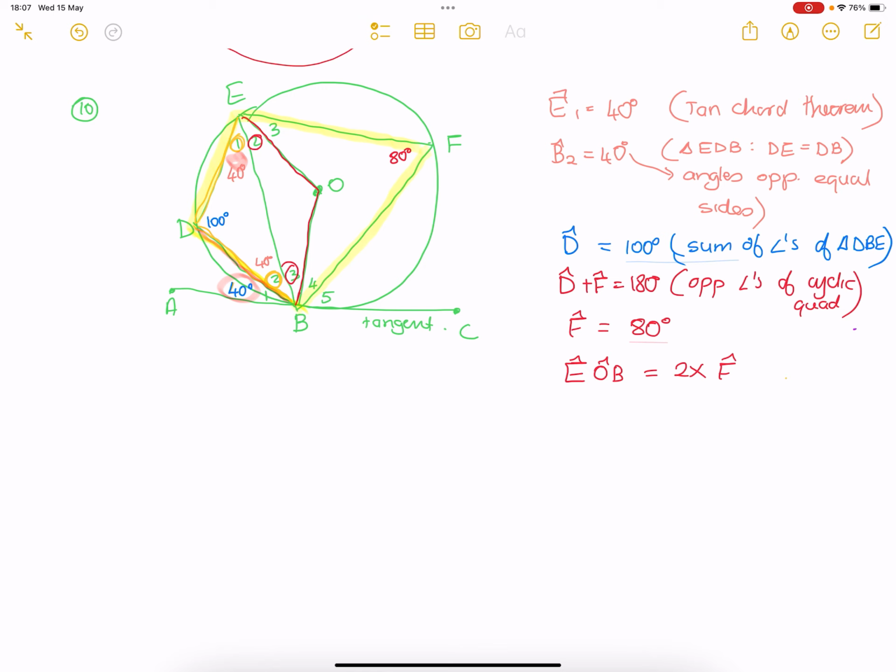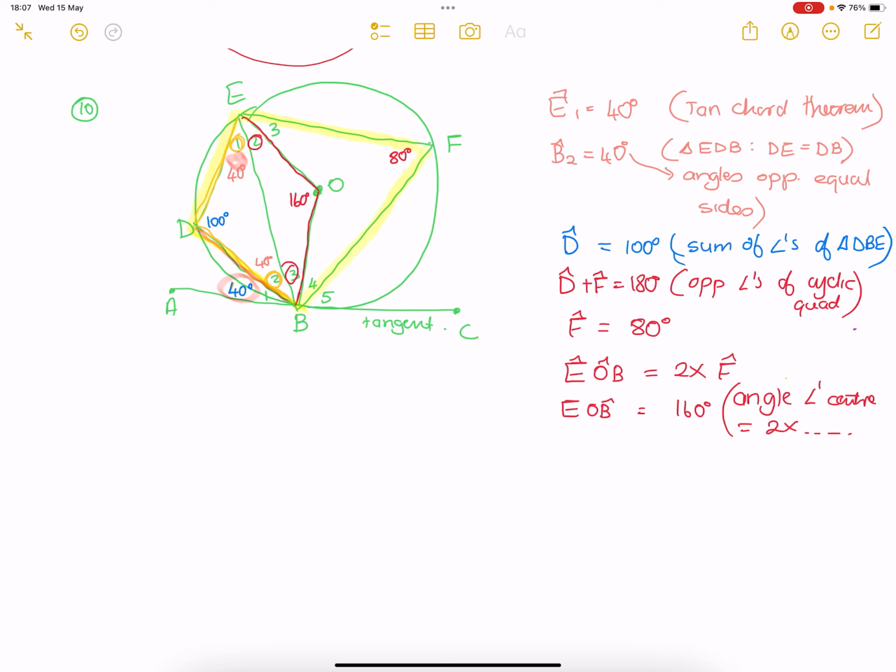So in other words, angle EOB is equal to 2 times 80, which is 160. Angle at center is equal to 2 times. Now I'm going to write it in because I like to write it in. So that one is 160.